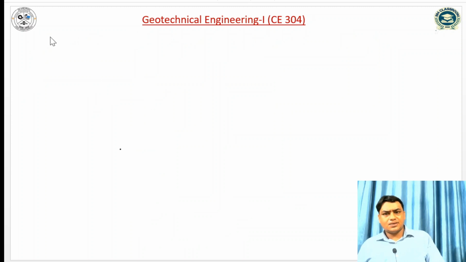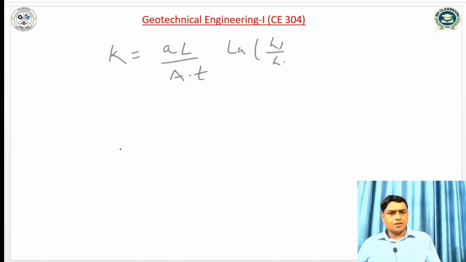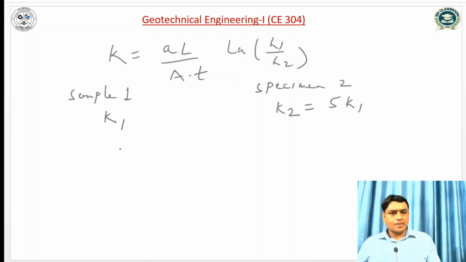So we know that in falling head permeability test, K is equal to a into L by A into t, ln H1 by H2. So for specimen first and specimen 2, let us assume the permeability for specimen 1 is K1. So the permeability for specimen 2, K2, is 5 times K1.